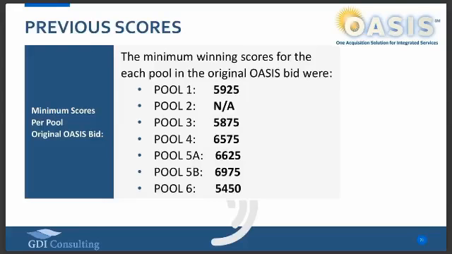So these companies that won Pool 1, where the lowest score that got an award was 59.25, all relied on their own past performance.